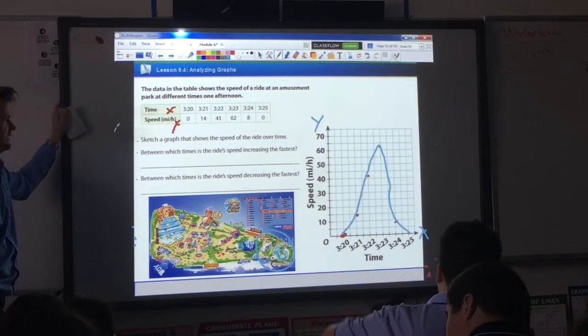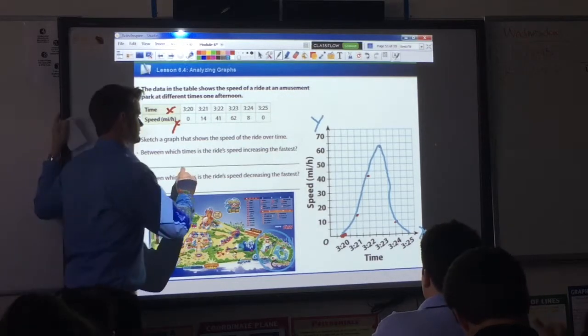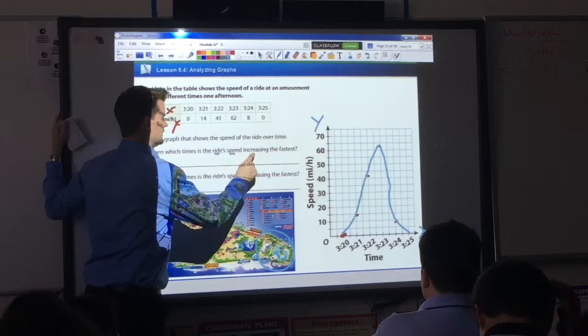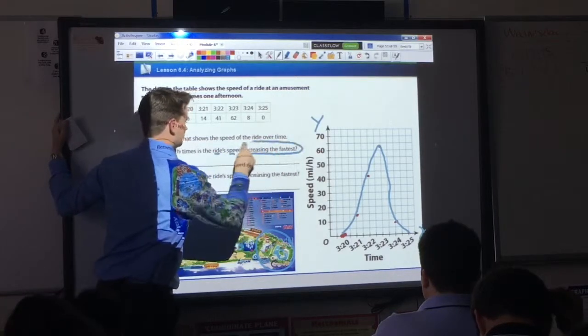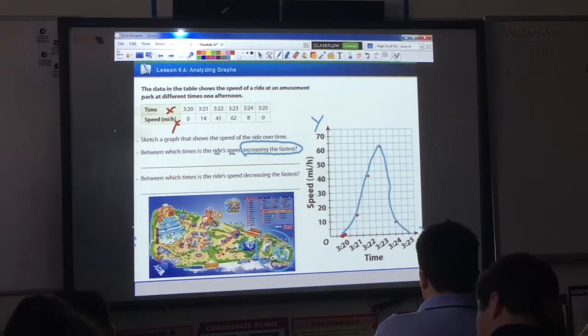So now that we've graphed it, we have to answer a couple questions. Between which times is the ride's speed increasing the fastest? So I need the 2 times that it's increasing the fastest. Let's go to Santana. What times?